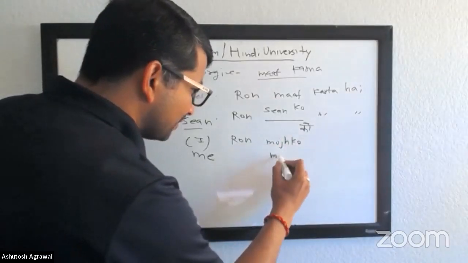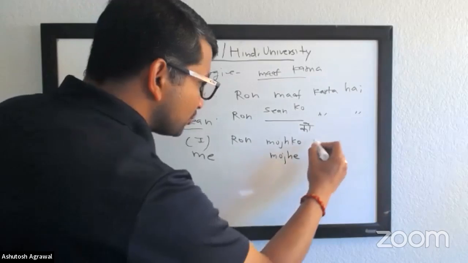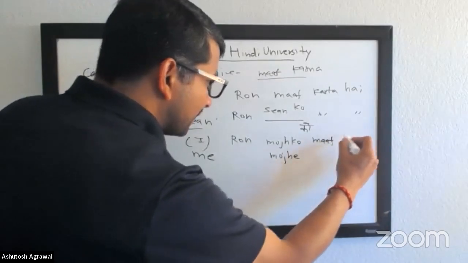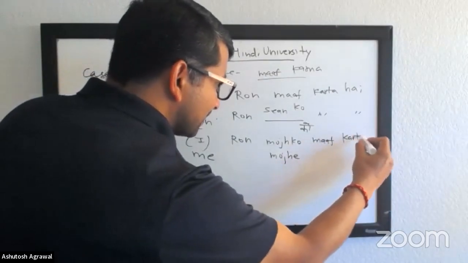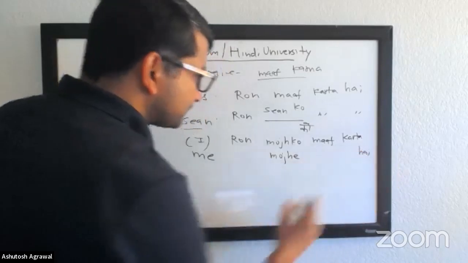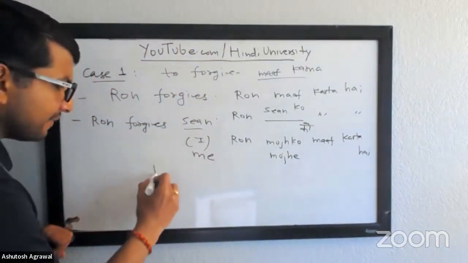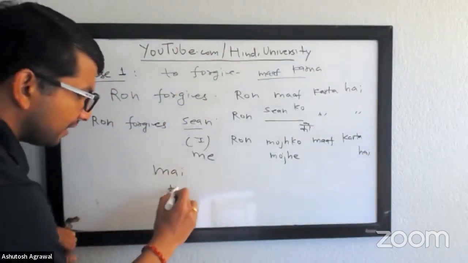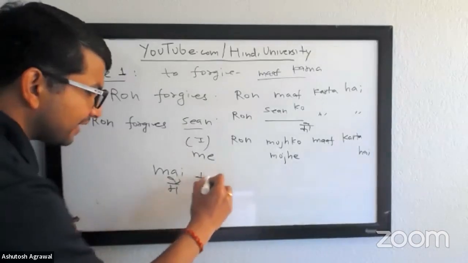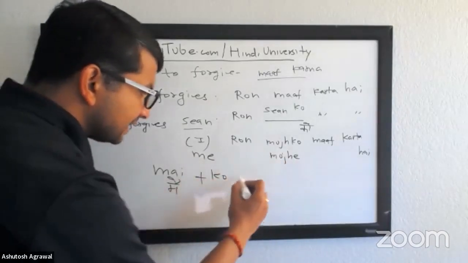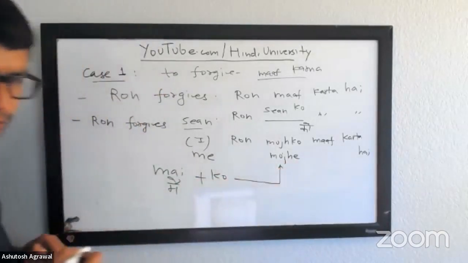Okay, so you can say mujhe or mujhko maaf karta hai. I is main, which, if it is followed by ko, is basically either mujhe or mujhko.